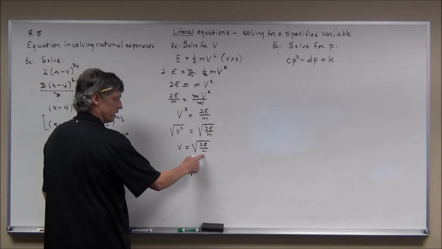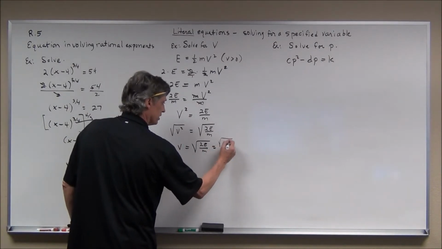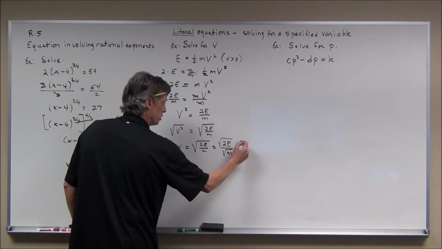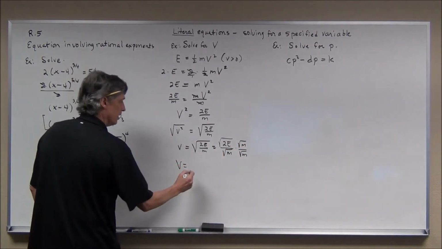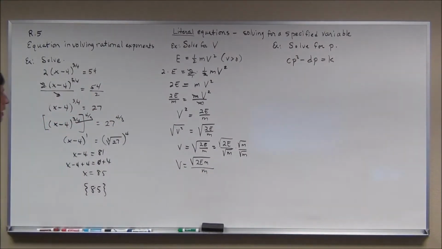But there is a fraction under the radical sign. So what I can do here is rewrite this as the square root of 2e all over the square root of m, and rationalize my denominator by multiplying top and bottom by the square root of m. So I have the square root of 2em all over m. And that looks maybe a little bit nicer.